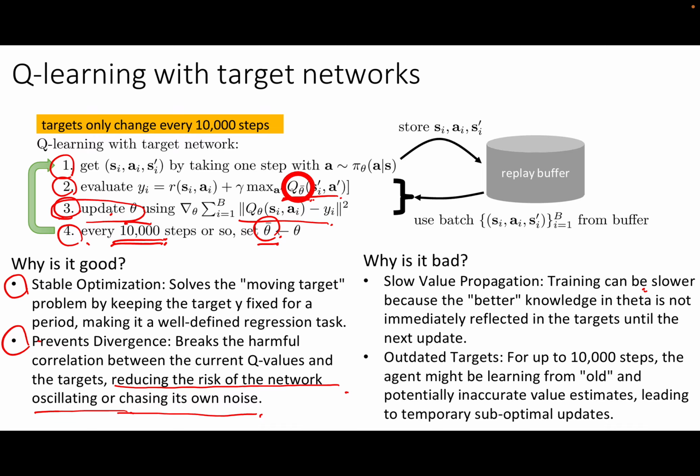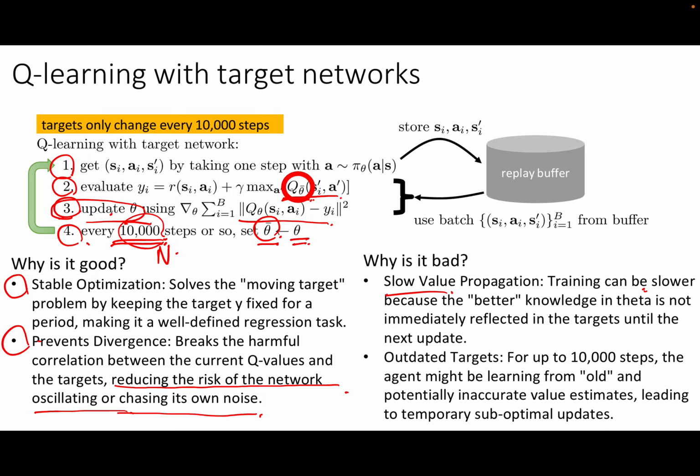So if this number, let's denote it by n, is too large, then theta bar might have some noisy or outdated knowledge, so that although our theta has better knowledge, this outdated knowledge might make training slower. That is the first bad thing, slow value propagation.